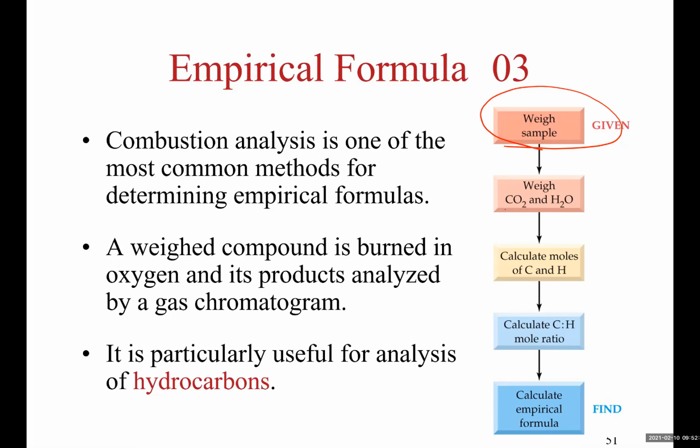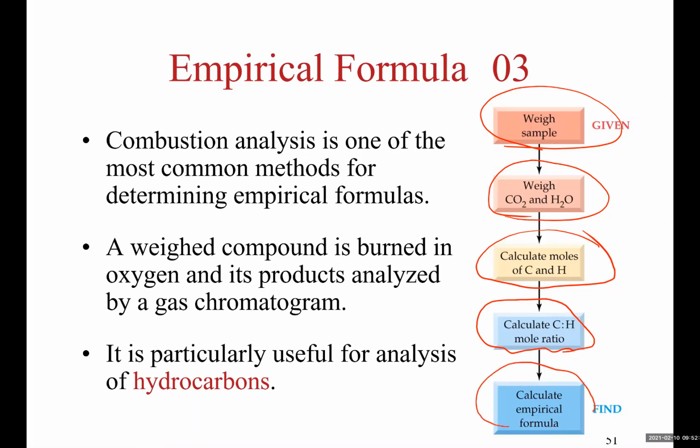I run the combustion, I measure the weight of the CO2 and water. By using the mass of CO2 and mass of water, I calculated moles of carbon and hydrogen. And then I divided all those numbers of moles by the smallest number to find the ratio between the number of atoms. So I have the empirical formula of the hydrocarbon. I hope this makes sense.